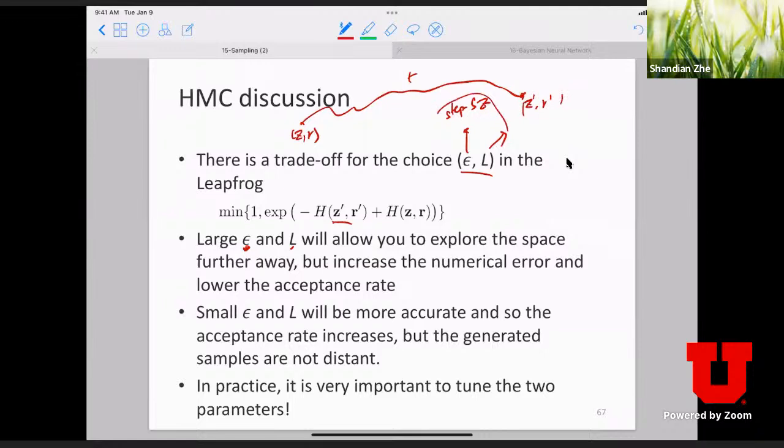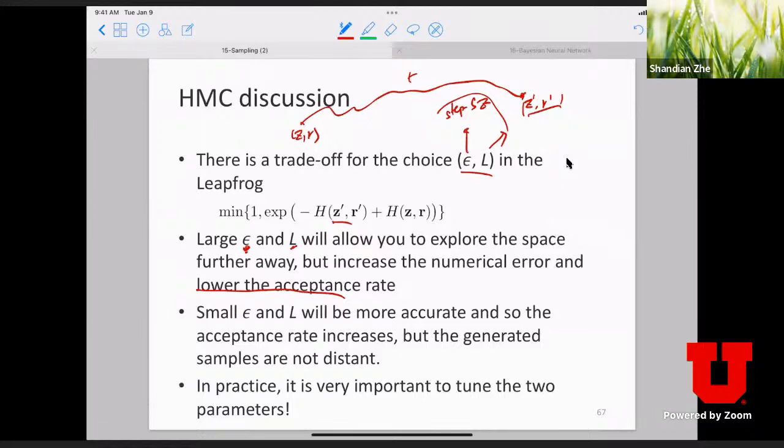That will help you to explore the whole space of the random variable values more efficiently. At the same time, because larger epsilon and larger L will accumulate errors faster, that means your accuracy at larger t will drop quite a lot, so it will lower the acceptance rate, right?